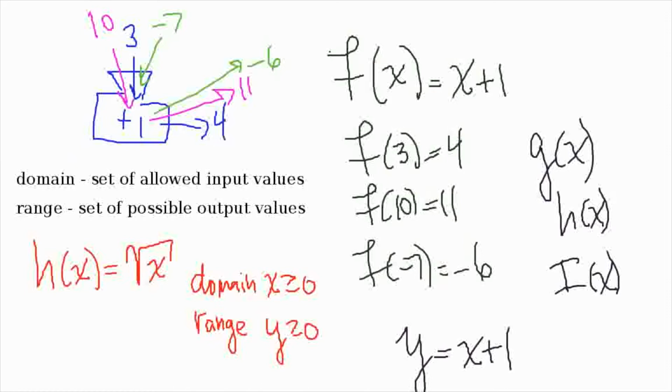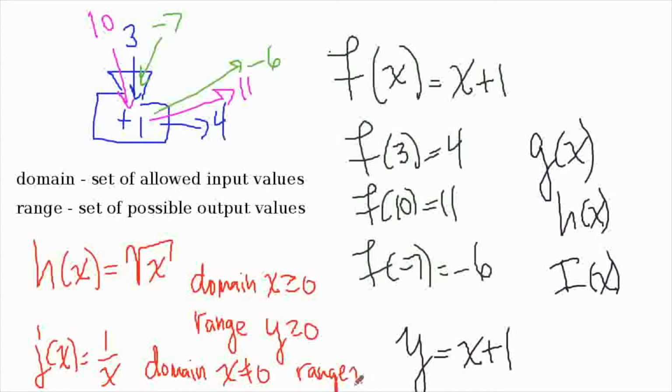Here are some other common ways that the domain or the range could be limited. Let's say I had j of x was equal to 1 divided by x. In that case, the domain, you can do 1 divided by any number except 0. So the domain does not allow 0. And then it turns out for this example, the range is the same. Now, for every function, the domain and range are not always going to be equal.